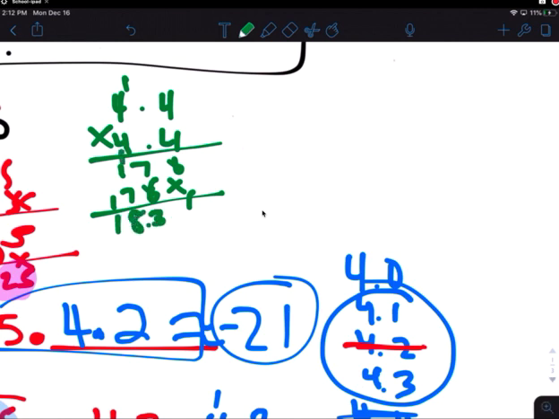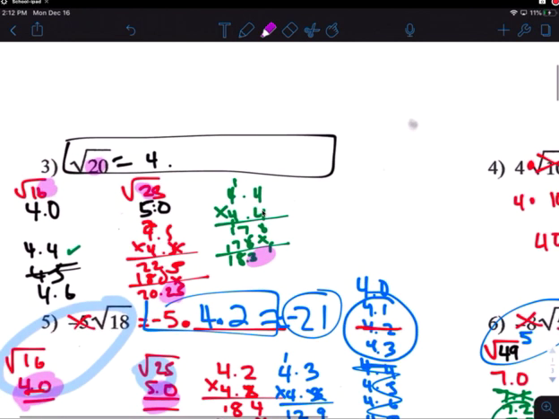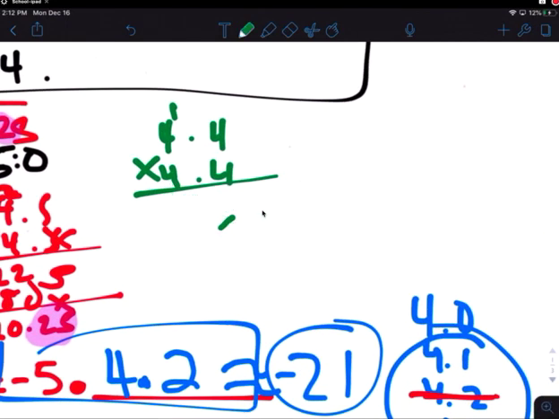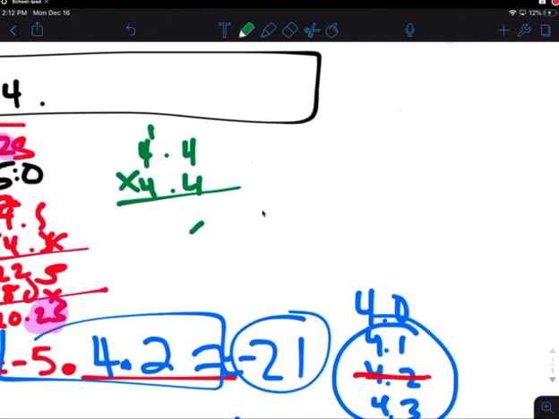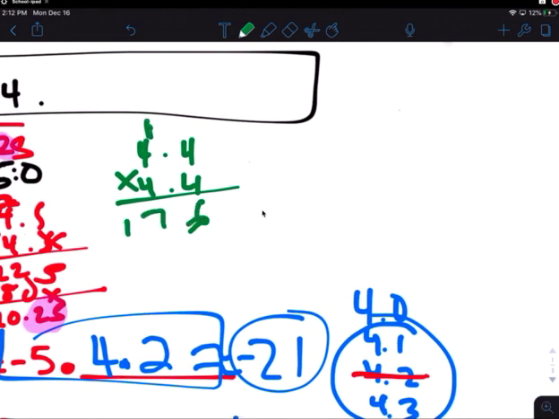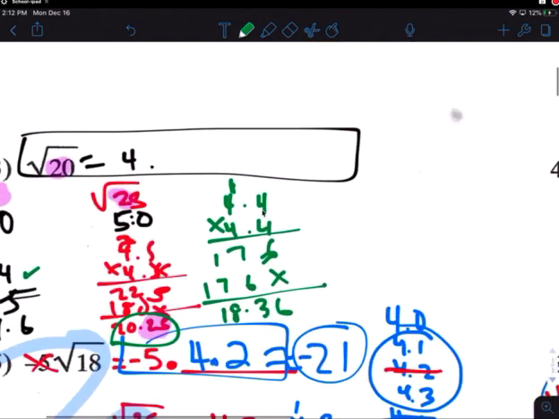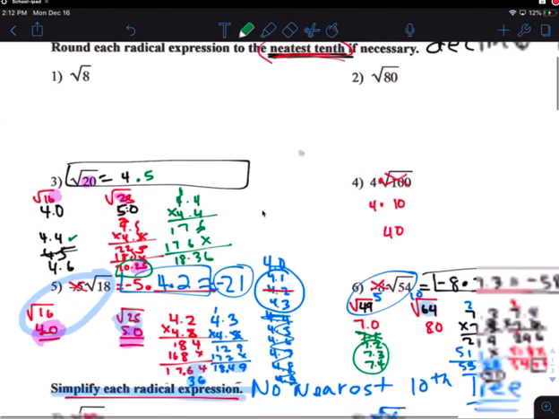Okay, I think I did it right. 16. Okay, this is 31 over the 18, the 20. Oh my gosh. I did something majorly wrong. Let me look. Definitely far away from 20. So the closest is 4.5. That just doesn't look right. So I must have done something wrong.